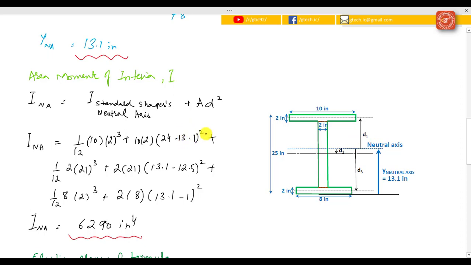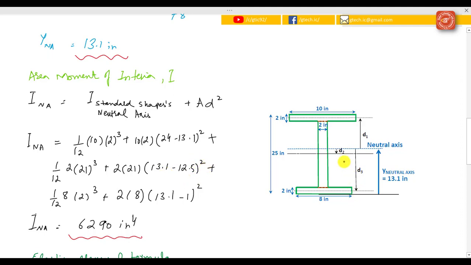Do the same thing for the rest of the rectangles. For d2, the distance is 13.1 inches minus 12.5, and then whole square.